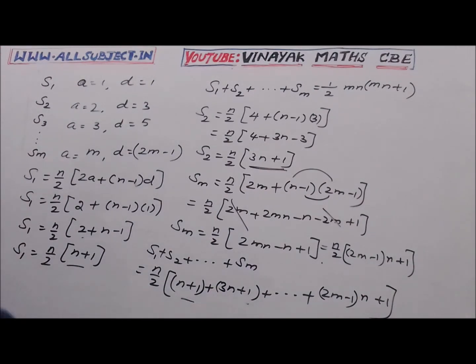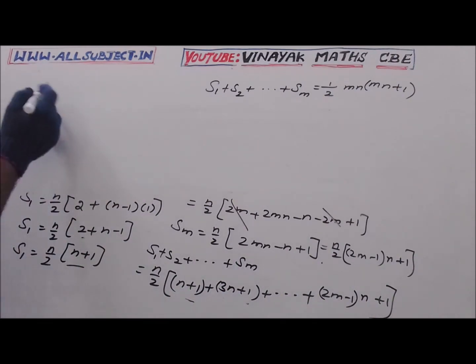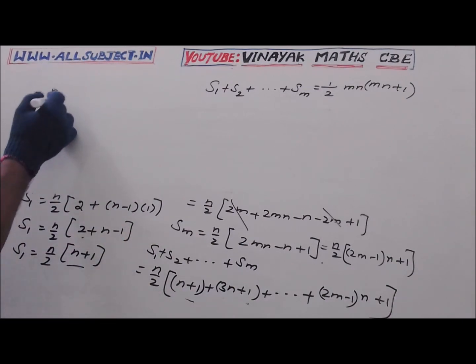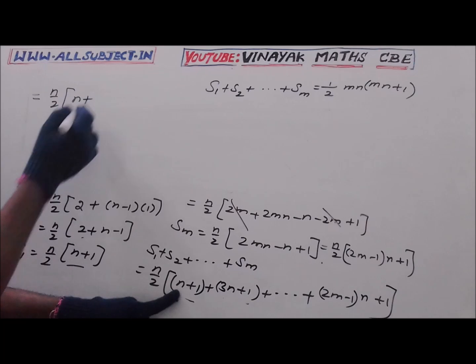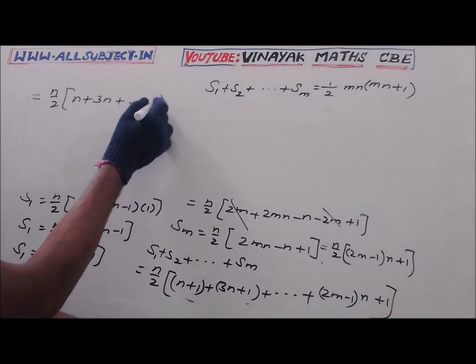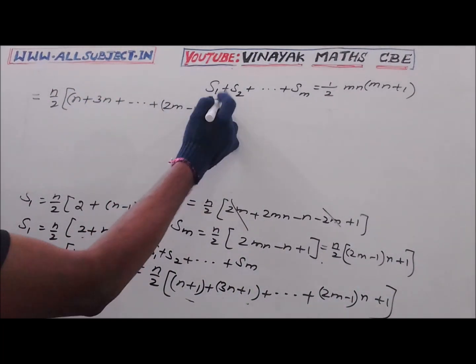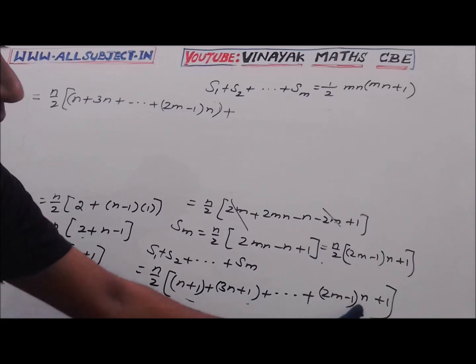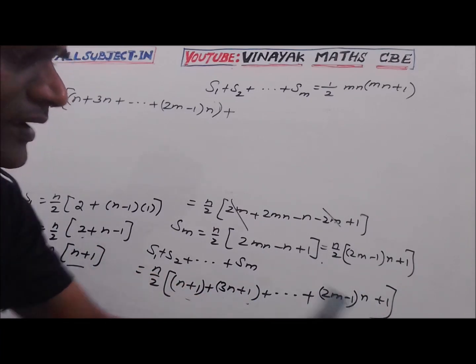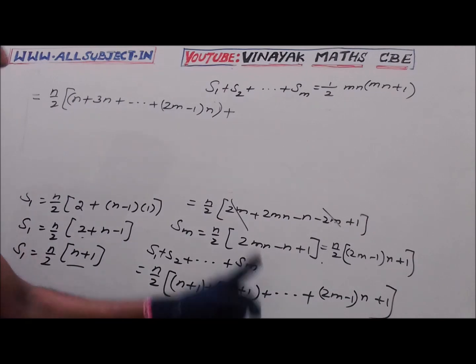Now grouping the n terms on one side, we get n by 2 into n plus 3n plus 5n etc. plus (2m minus 1) into n, and then plus 1 plus 1 plus 1 etc. All the terms have 1, so we have m number of terms, as we are adding m number of sums.